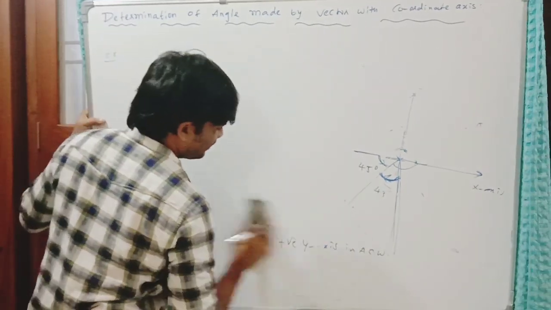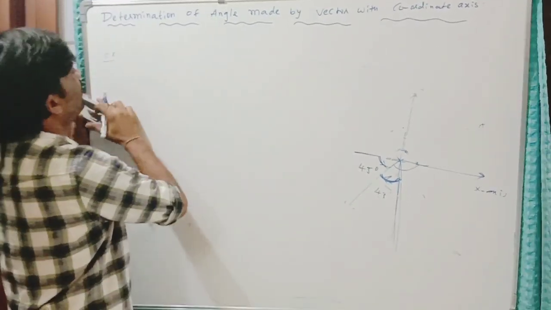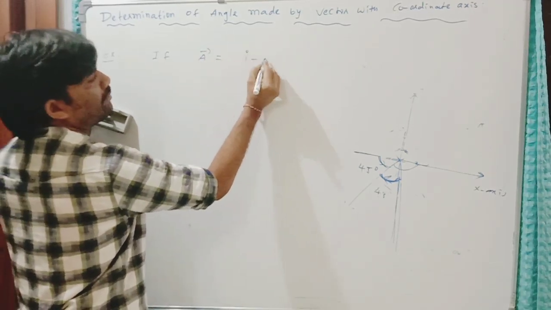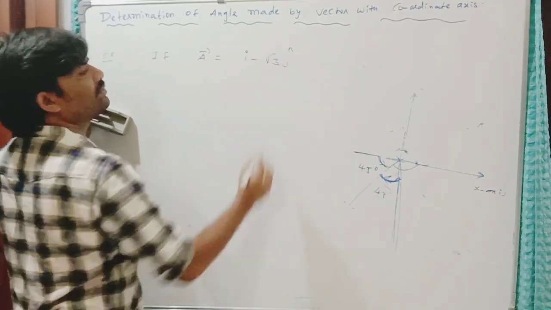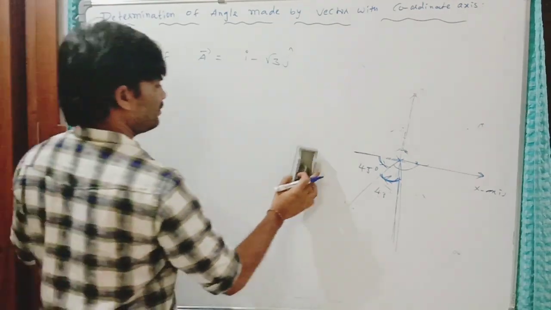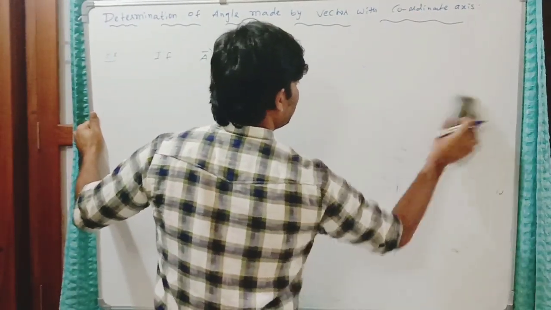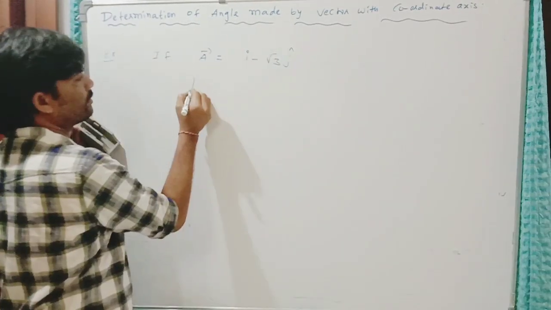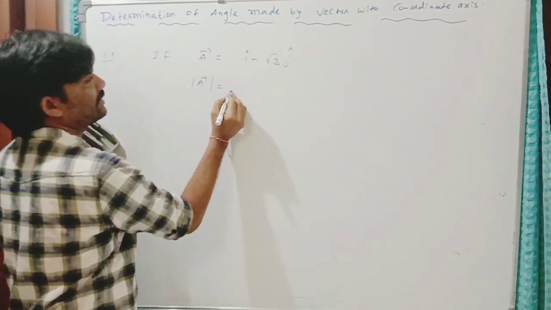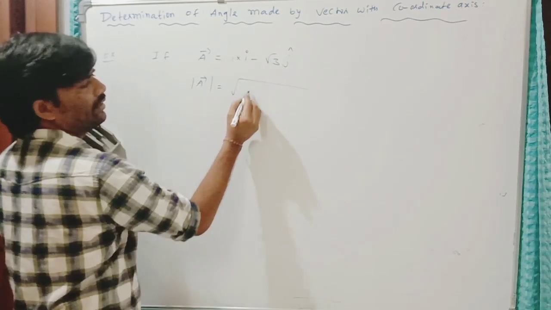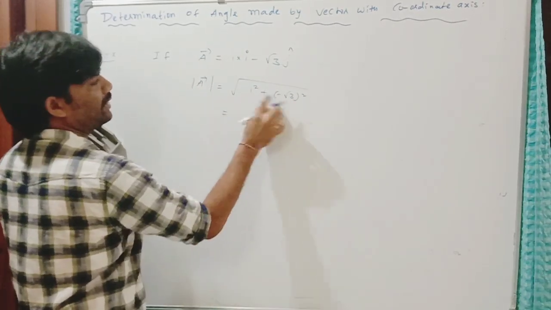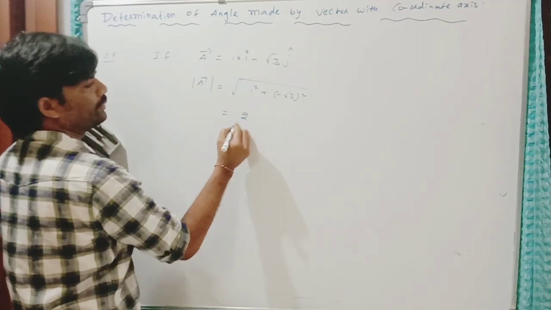Now another one, you can see, if vector A is equal to i minus root 3 j. Explain the direction. What is the magnitude? I think the magnitude is 2. Root of 1 square plus minus root 3 square gives 3 plus 1, root 4 is 2.